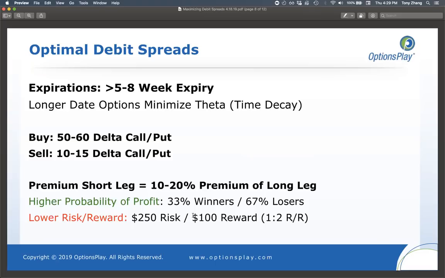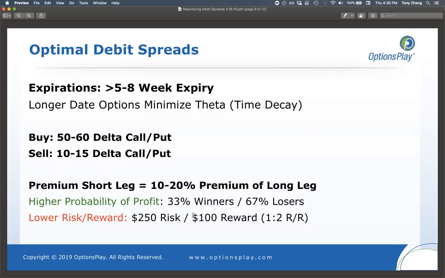Now, with respect to expiration dates, this follows relatively the same rule of thumb as buying calls or puts, in the sense that because you're net long options when you're buying a debit spread, you want to minimize time decay. One of the best ways to do that is by buying a further dated option.